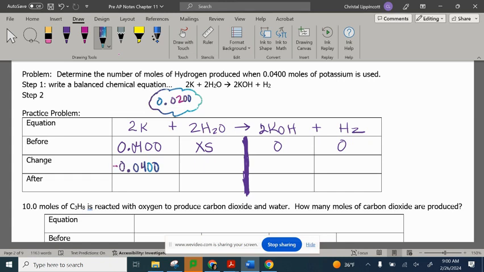I'm using it up. So I'm going to minus here. This will end up being the same value because it's a 2 here for our coefficient. So 0.02 times 2. We're using it up to make stuff on the other side. I come over here, I'm going to be adding.